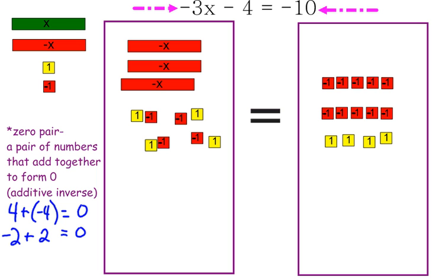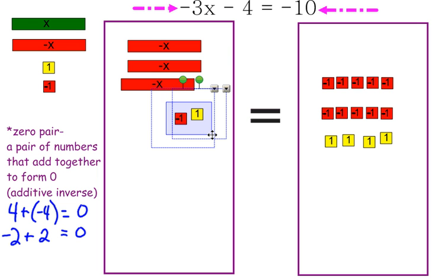So since I added 4 yellow tiles on the left, I also had to add 4 yellow tiles on the right. And what is going to happen is these two pieces join together and they become 0, so they go away. And these two join together, 1 and negative 1 are 0, they go away. And this 1 and a negative 1, they join together, go away. And these join together and go away.